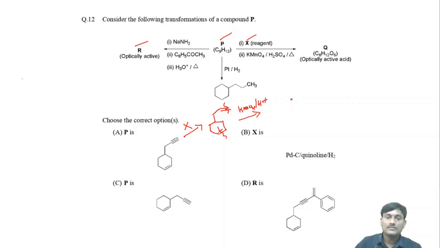Here you will get COOH, and this is a COOH, and this one will become CO2, and this one will become COOH. This carbon and this carbon will become COOH.